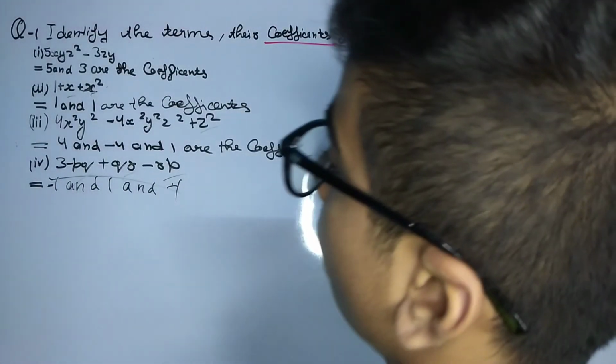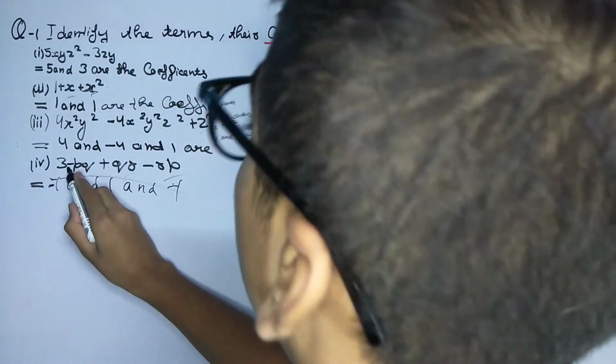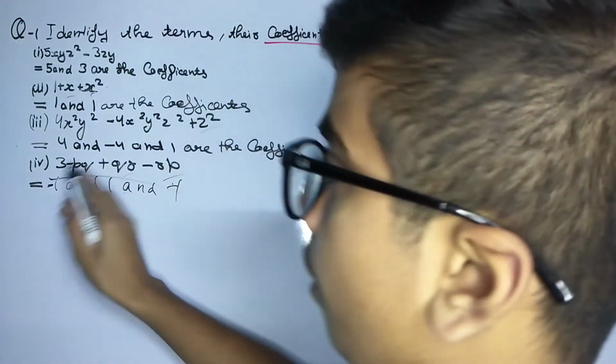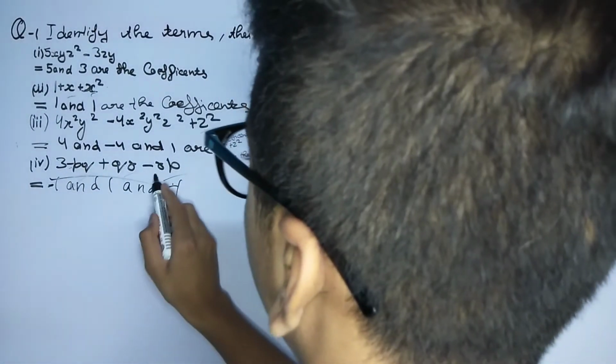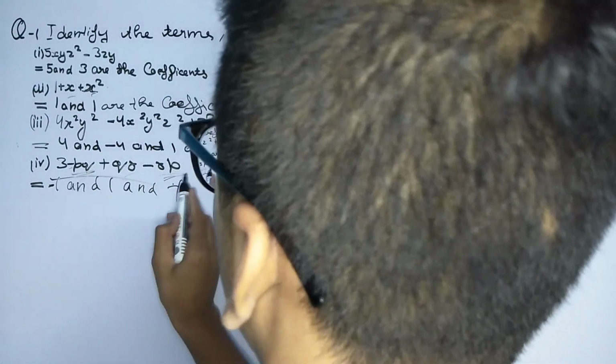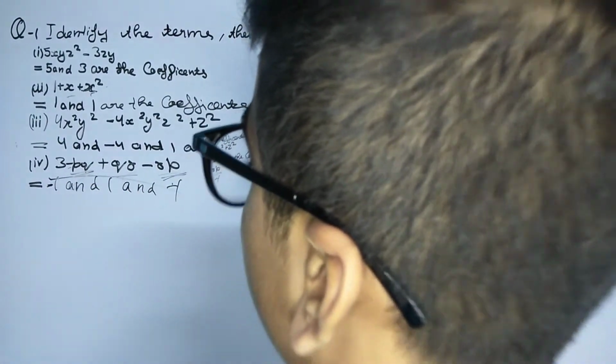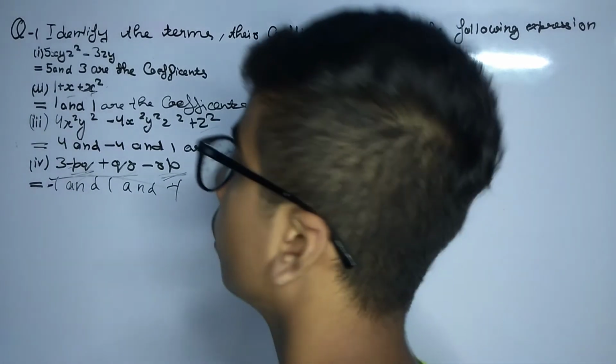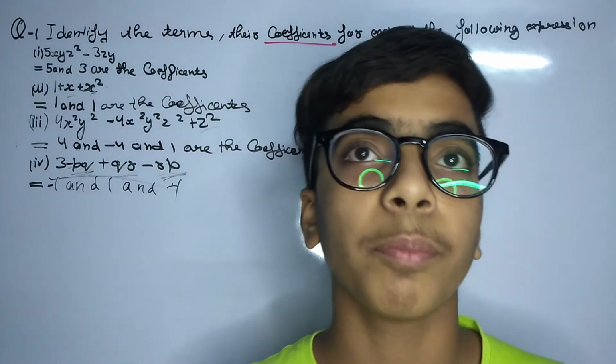Actually 2 minus 1 and 1 positive 1, because minus signs are coming before these two variables, and this is a variable which has a positive sign. So that's all for this part.